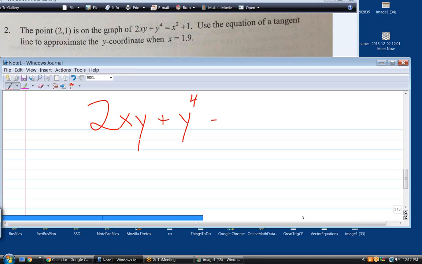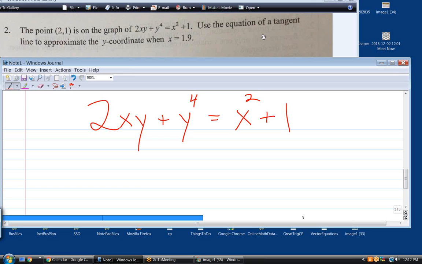And in fact, you'll notice that it would be very difficult to solve for y. So what are we going to do? They're talking about the equation of the tangent line, which always involves slopes. Slopes are first derivatives. So let's solve for dy dx.